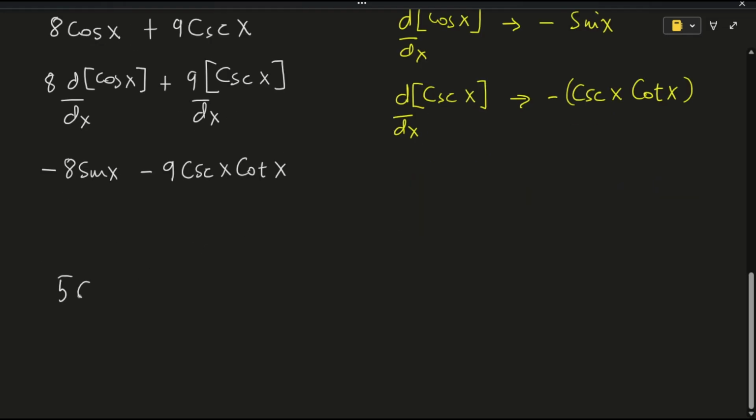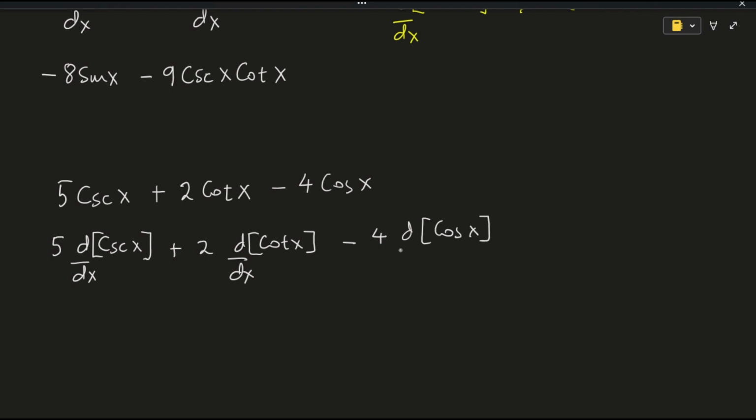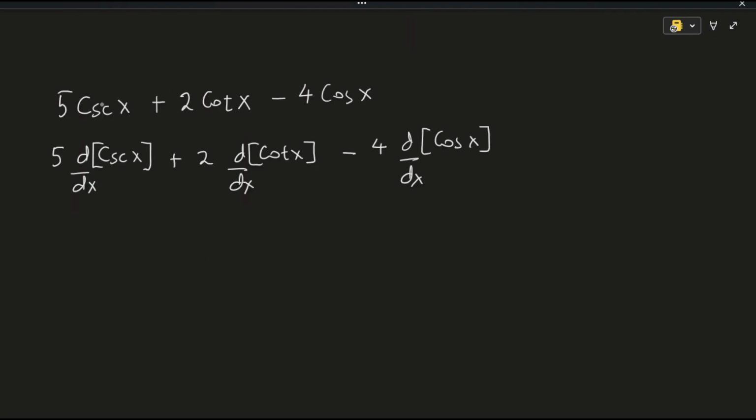Now, what about this? So the derivative of this function will be given as, now take note that all the trig functions here that we are differentiating start with a c, and their derivative is associated with negative.